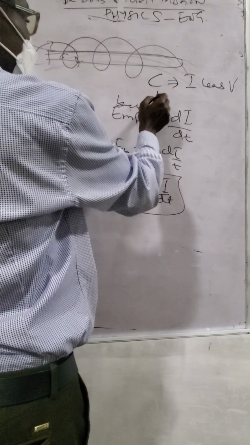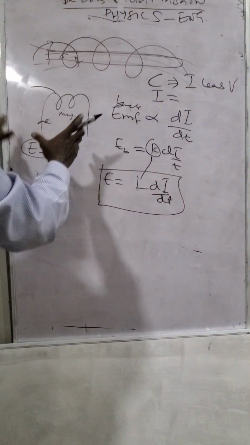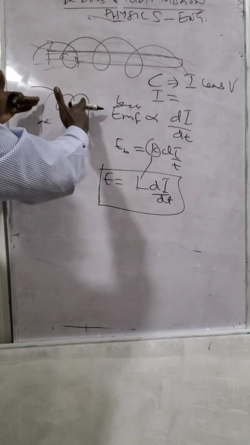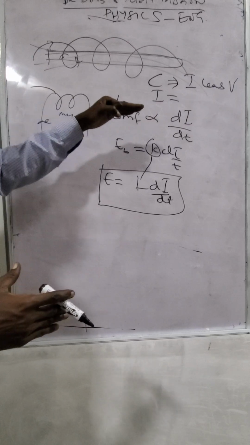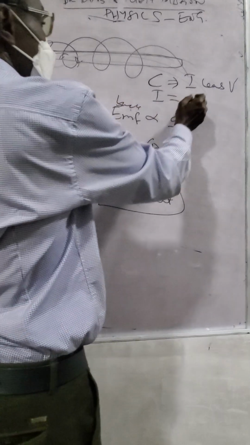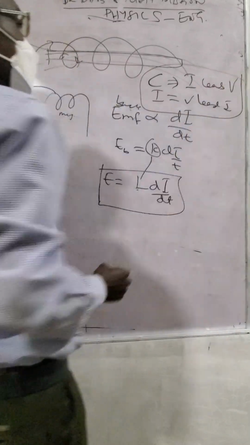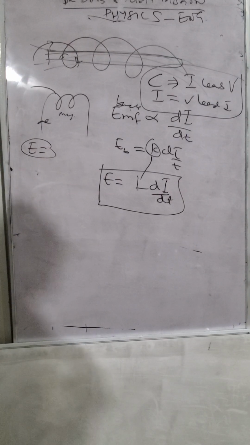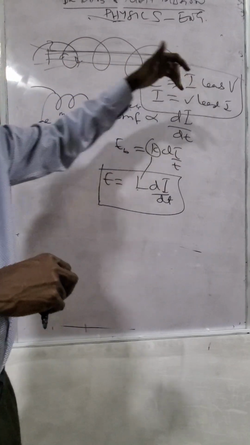In the case of the inductor, immediately you close the circuit, the voltage in the inductor is set up for current to flow. So voltage will lead current. This principle is very important. We will need it when we are calculating AC, alternating current, parameters. So that is one thing I want us to note.